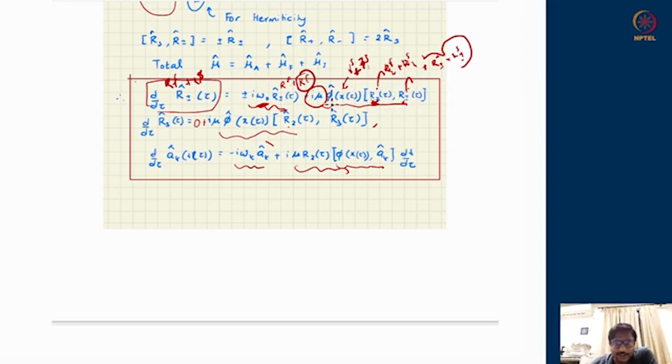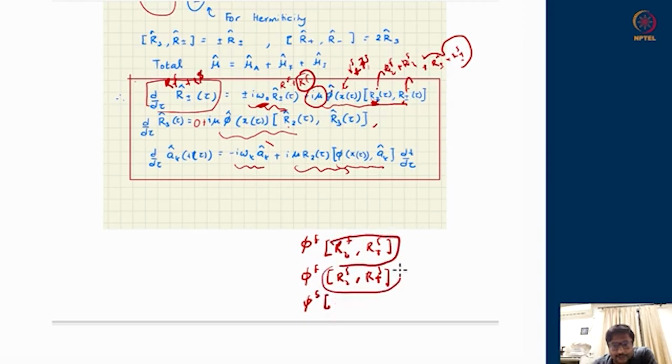So ultimately there are terms which are, for example, phi of free, and then in the commutator I would have an R2 of free and R plus of S, let us say. There could be a term like phi F where both R2 are R2 and R plus are sourced. And similarly there could be a term phi s which will be either multiplying this term or multiplying that term.